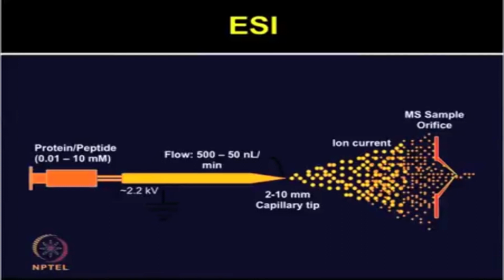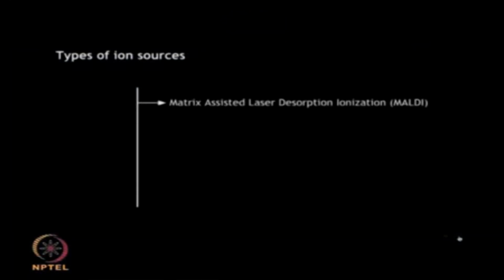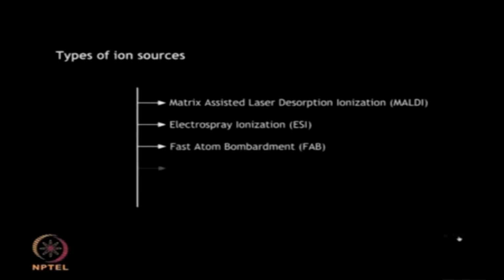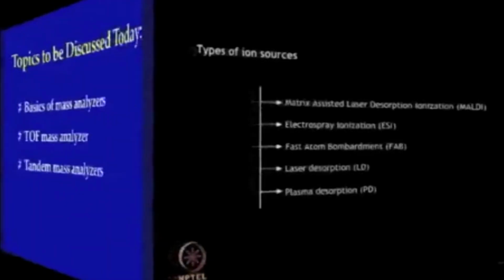Most commonly used ionization sources are MALDI and ESI. Additionally, there are other ionization sources such as fast atom bombardment FAB, laser desorption LD, and plasma desorption PD. Let us discuss the two most commonly used soft ionization techniques, MALDI and ESI.